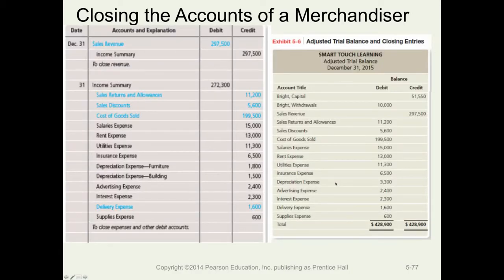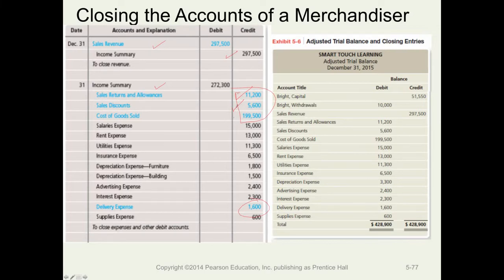So if you look at the closing entries that are listed, sales revenue is debited, income summary is credited. Then you have a debit to income summary and a credit to all the expenses, which now include sales returns and allowances, sales discounts.